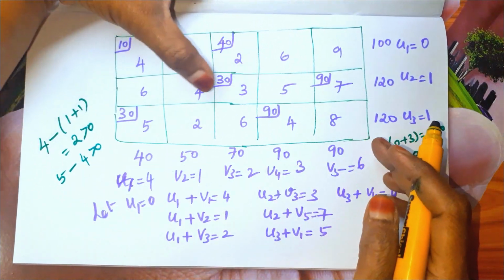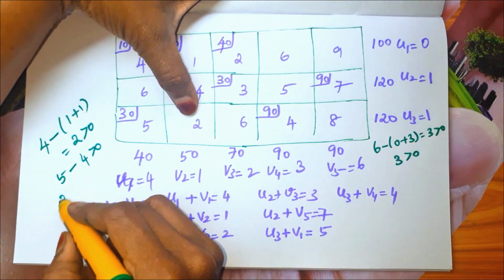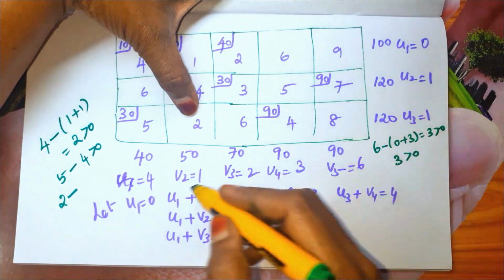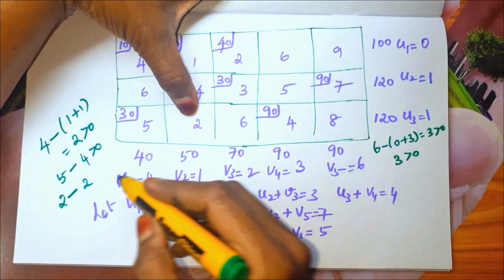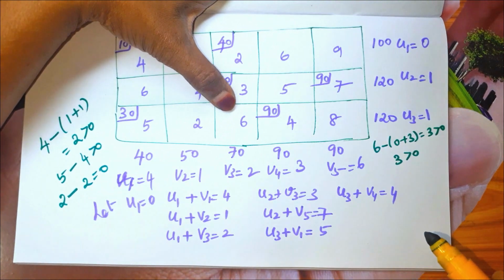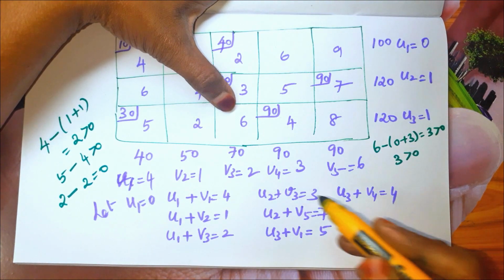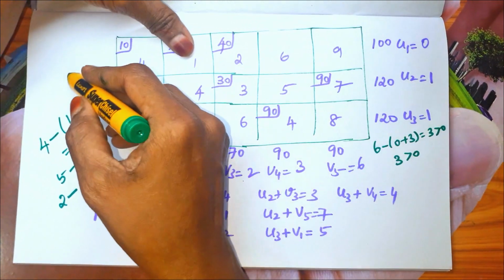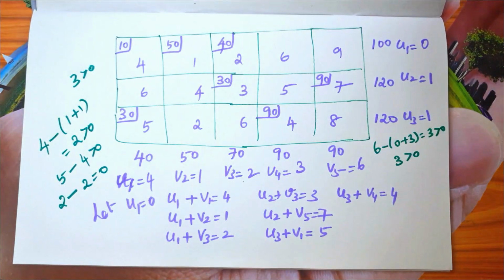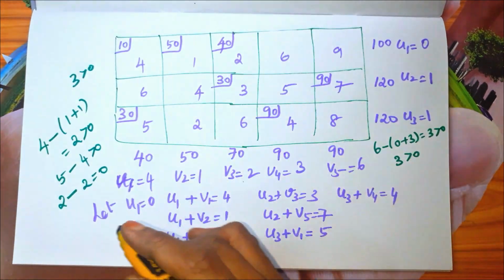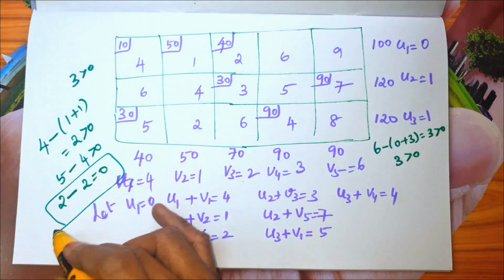And for this cell, 2 minus (1 plus 1), 2, which is equal to 0. And this cell is 6 minus (1 plus 2), 3, so it is greater than 0. For every cell you have to write in detail and mention whether it is positive or not. Here all the values are positive, but we have a case of 0 also.